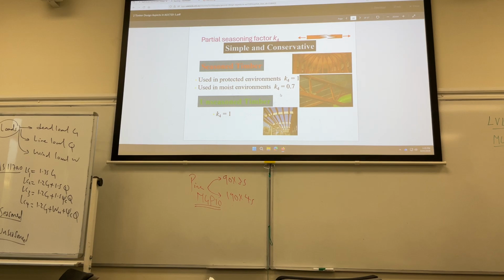If it is in a moist environment, we can take it as what? 0.7. For unseasoned timber, we can take K4 as 1. Okay? So the minimum of K4 for unseasoned is 1, the maximum for seasoned is 1. So 1 can be used for all seasoned and unseasoned timbers in special conditions.